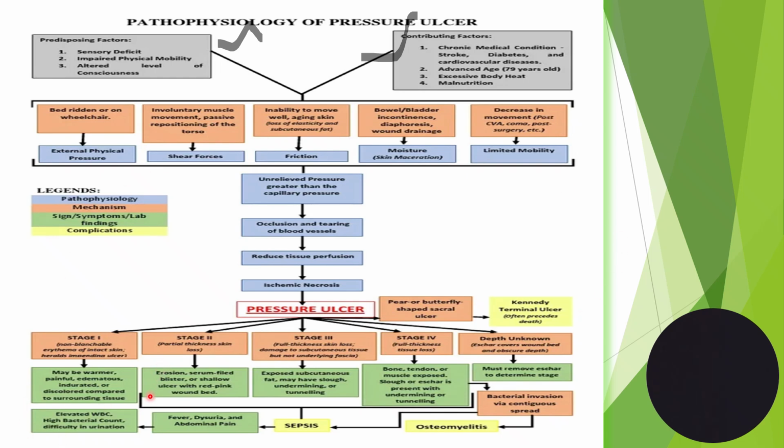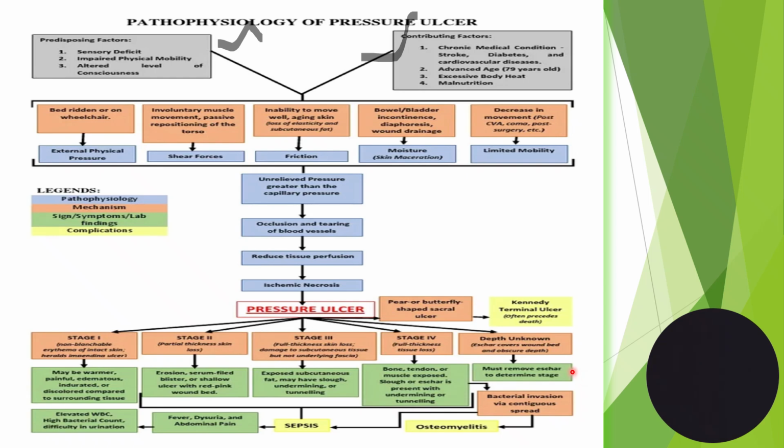So stage 1 may be warmth or painful or edematous, and in stage 2 it is excoriations, filled with blisters or like that. Stage 3 it is exposure of subcutaneous tissue, as we will see one by one later. And then stage 4, bone, tendon or muscle will be exposed. Deep will be mostly removed the scar and to determine the stage.